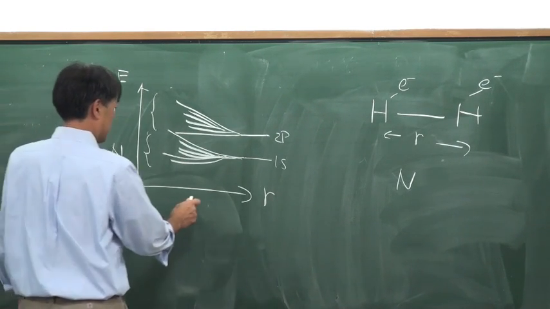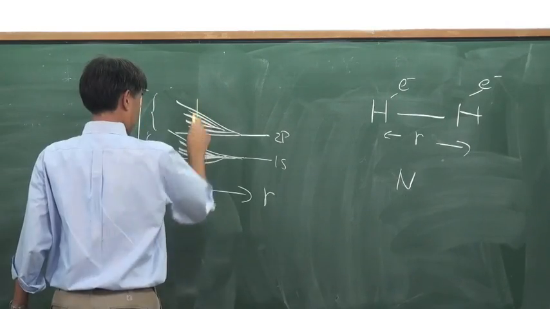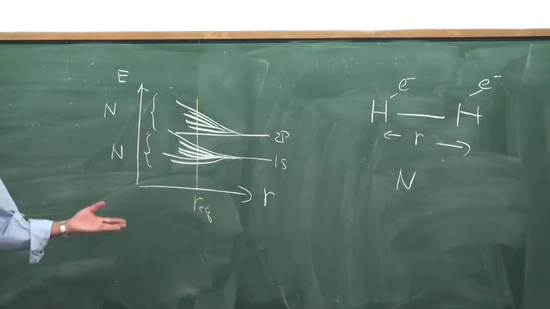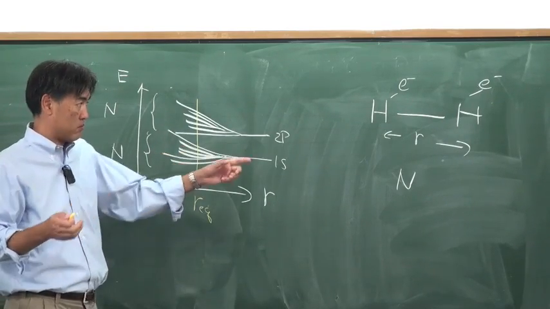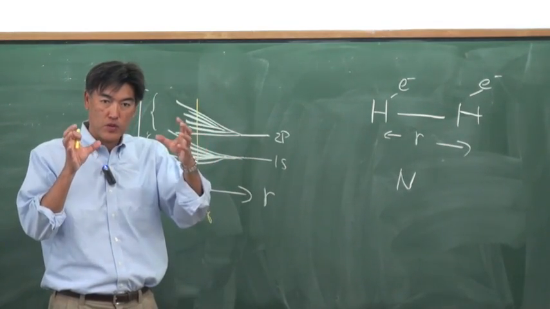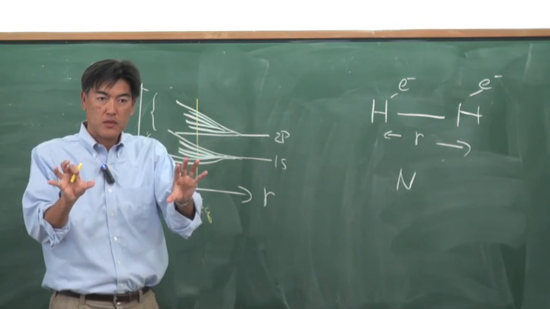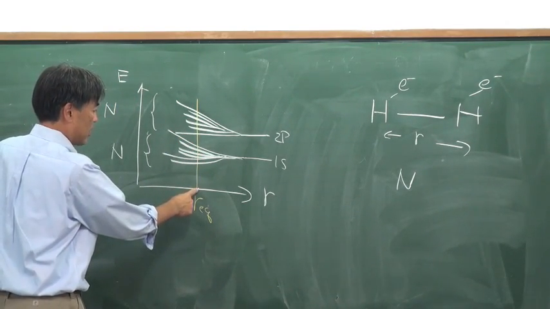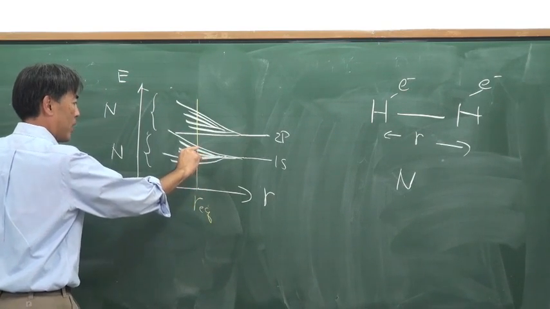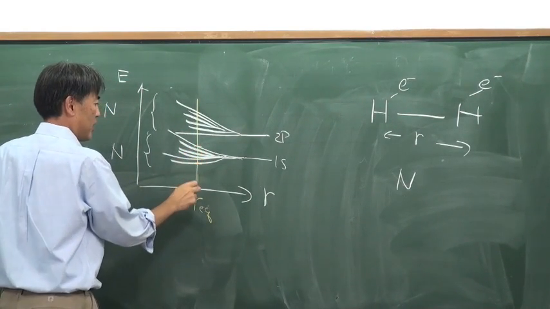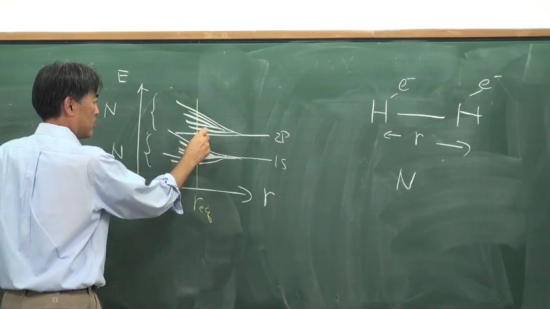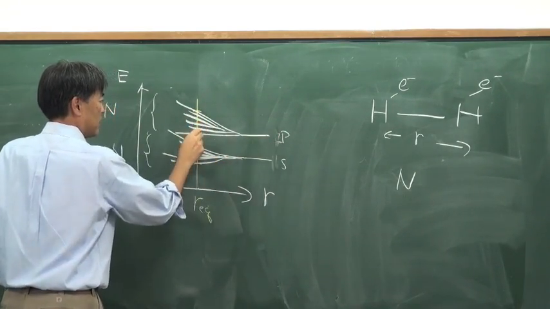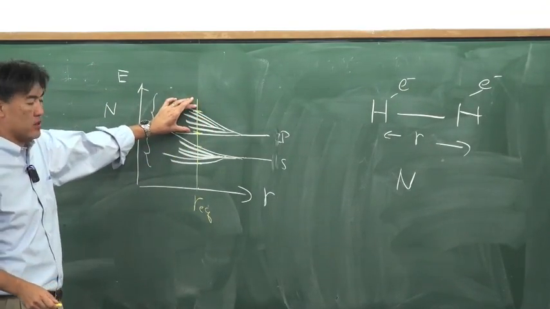And there's always an equilibrium lattice constant, at which the hydrogen atoms prefer to separate themselves. At this particular lattice constant, you can see that the 1s level takes the energy between this and that, and the p level takes the energy between here and that, and so on.